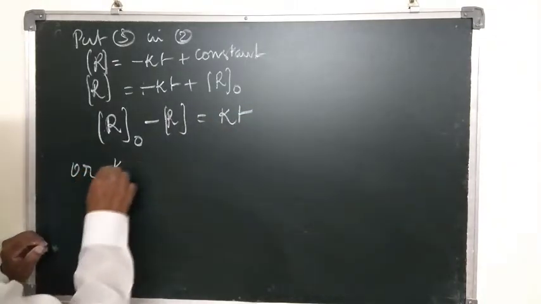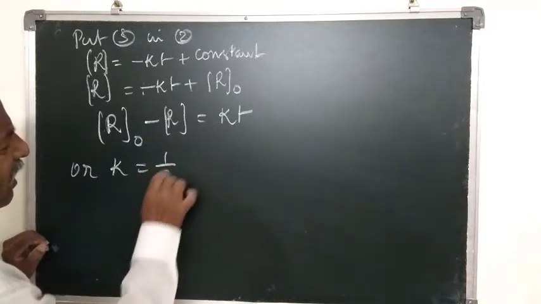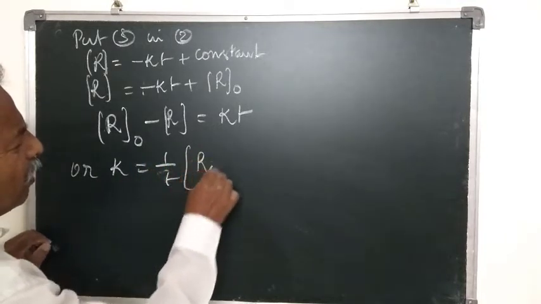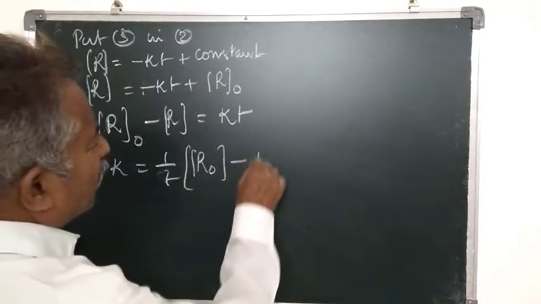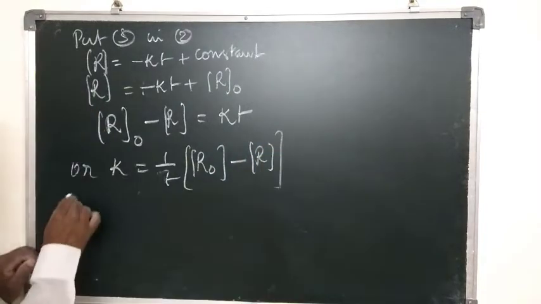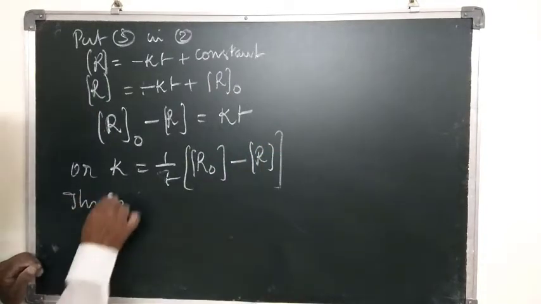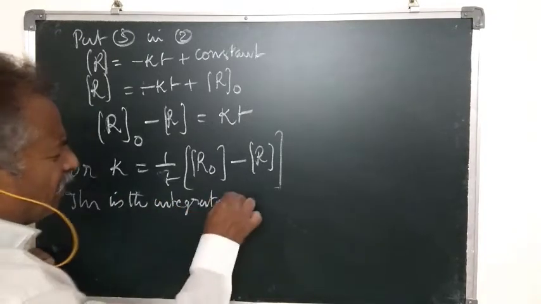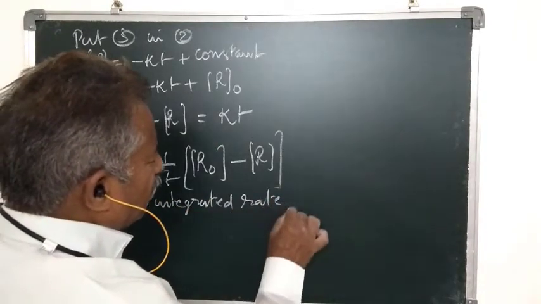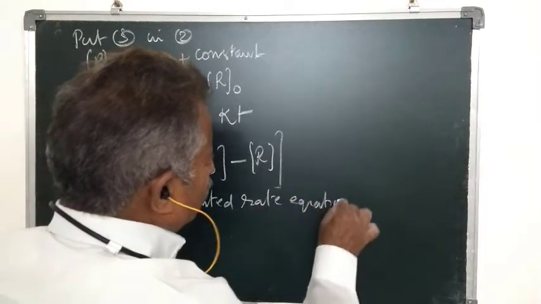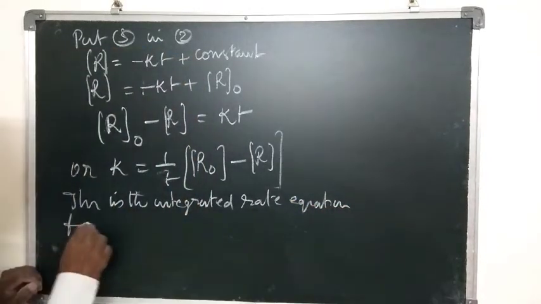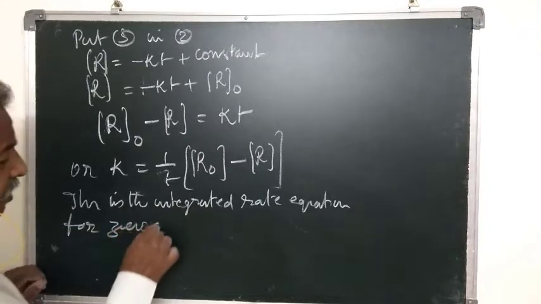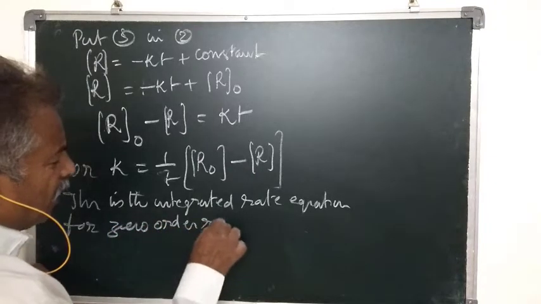So k equal to 1 by t into R0 minus R. This is the integrated rate equation for zero order reaction.